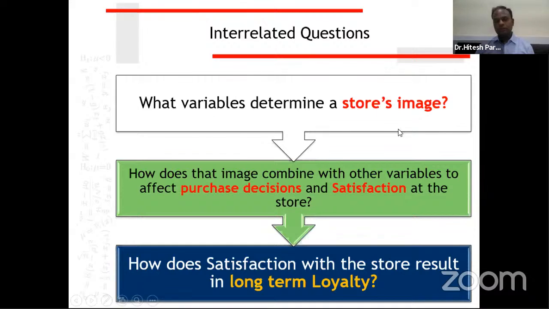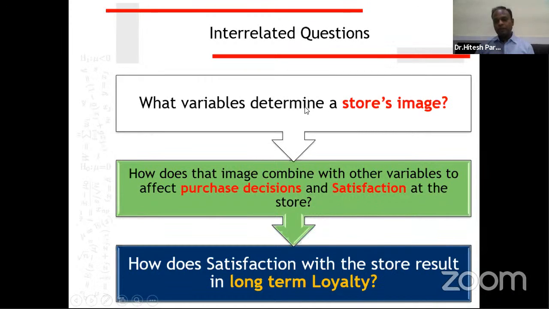So this is our research question number 1. Maybe 5 to 6 variables we will identify that will represent store's image. Then our second research question is: how does that store's image combine with other variables to affect purchase decisions and satisfaction at the store? Again, there are two constructs, purchase decisions and satisfaction.